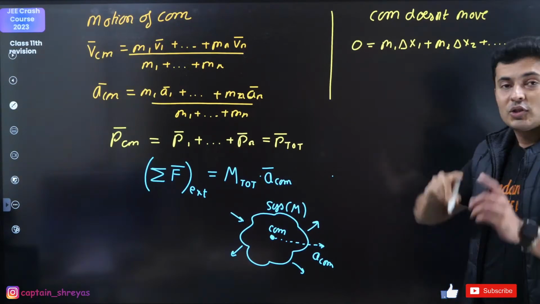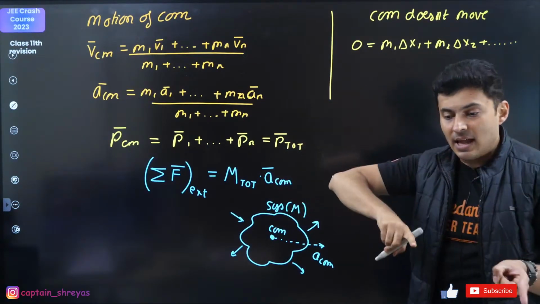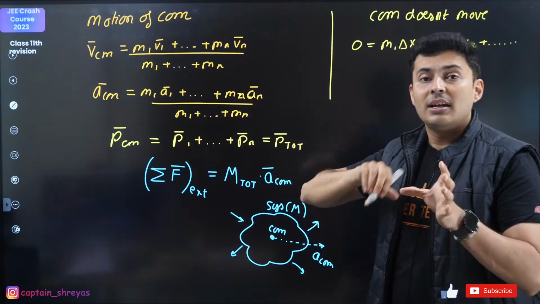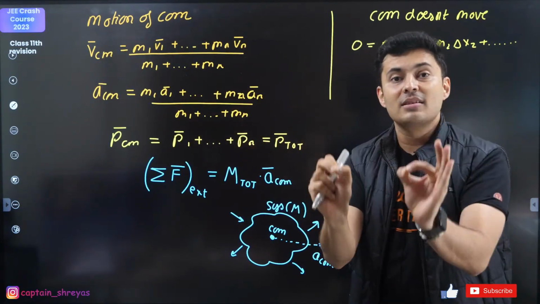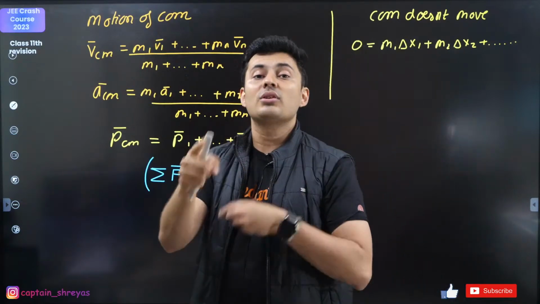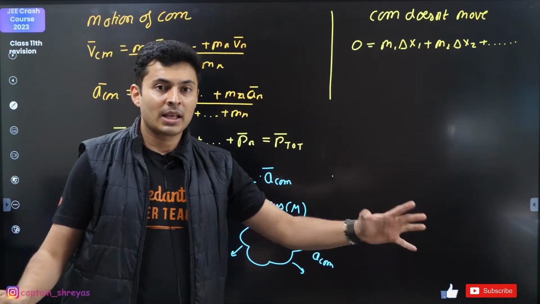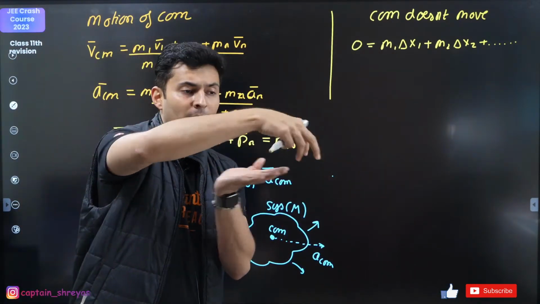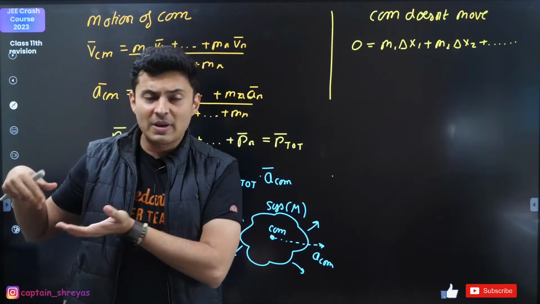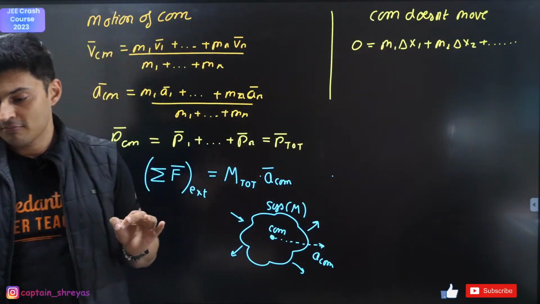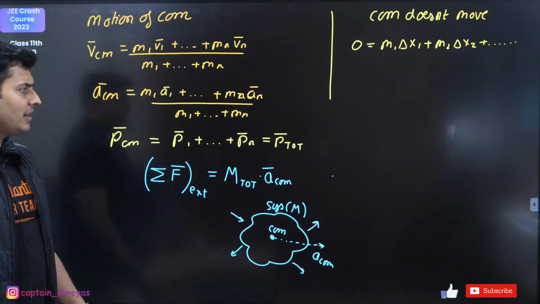So m into displacement plus m into that particle's displacement plus m into another particle's displacement, their sum will always be 0. That is the simple trick you can use to solve problems where the center of mass is not moving. Like I told you before, a person moves on a plank or on a boat, the boat moves behind as the person goes this way. Those problems involve this equation. Is that okay? Fair enough, guys?